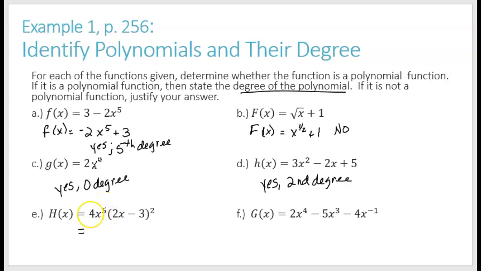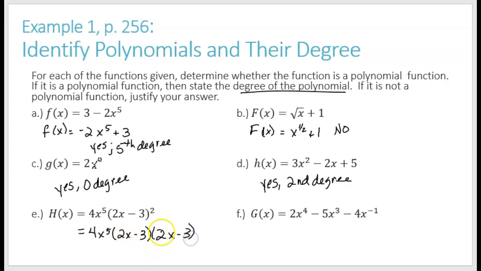So at this point, I don't see anything that's going to make me think that I'm going to have any fractional or decimal exponents, right? I also am not going to have any negative exponents. The only exponents I have here would be the 5 and the 2. So what this would work out to be is 4x to the fifth times 2x minus 3 times another 2x minus 3.